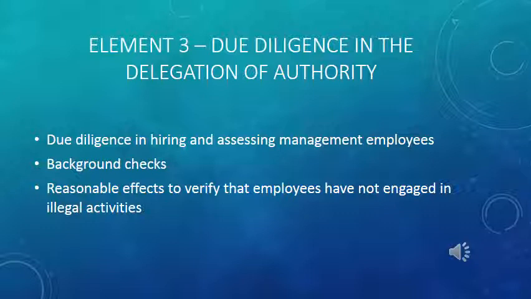The practice should undertake reasonable efforts to ensure that employees have not engaged in illegal activities or other conduct that is inconsistent with the practice's compliance and ethics programs. Further, the practice's management team should ensure due diligence when hiring or contracting with vendors or other organizations.